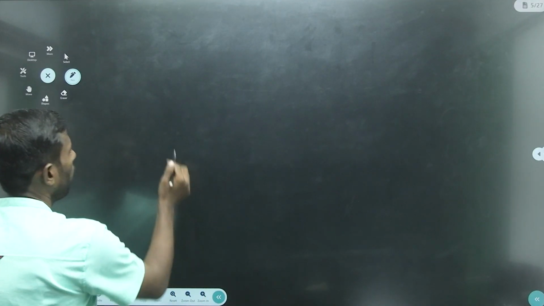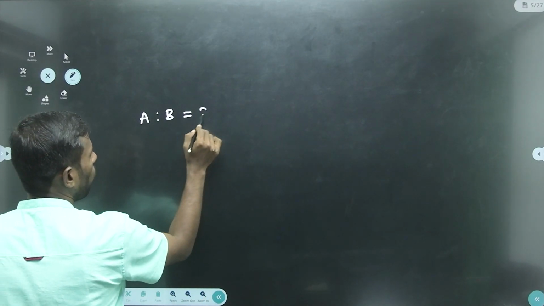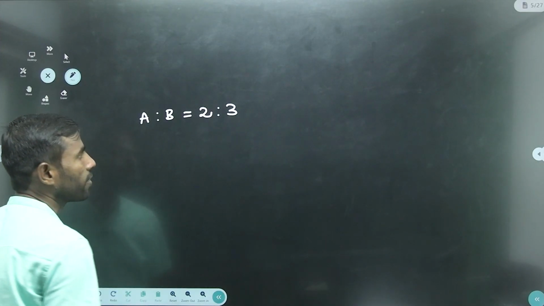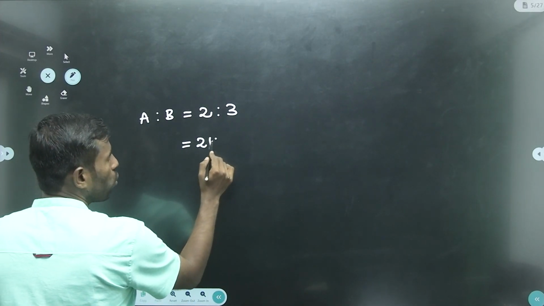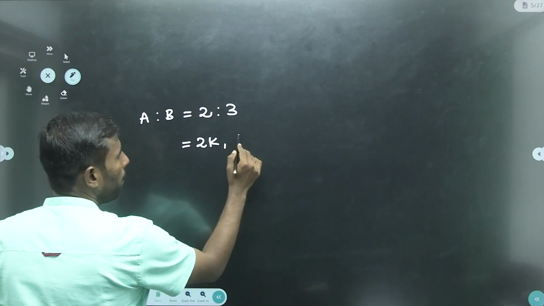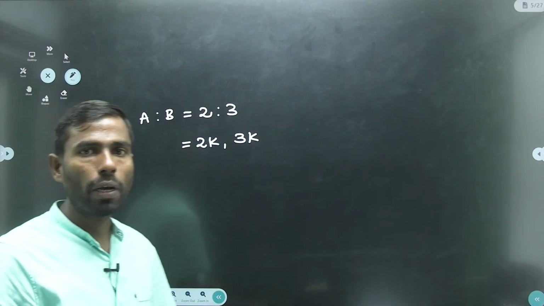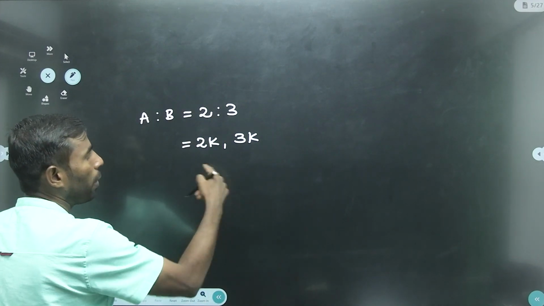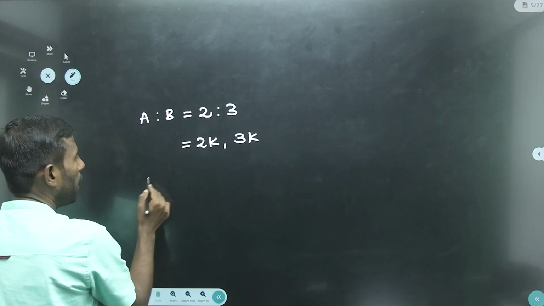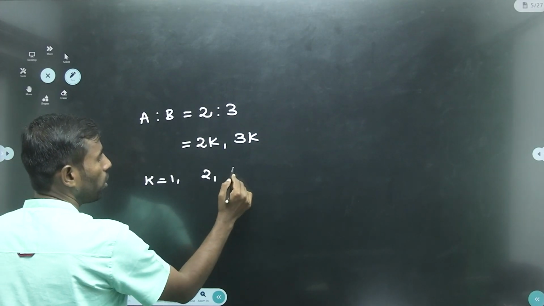Next. I have given A ratio B is 2 is to 3. What does it mean exactly? A is 2K, B is 3K, that is A is a multiple of 2 and B is a multiple of 3. K is the common multiple of both A and B. If you take K equal to 1, it is 2 and 3.